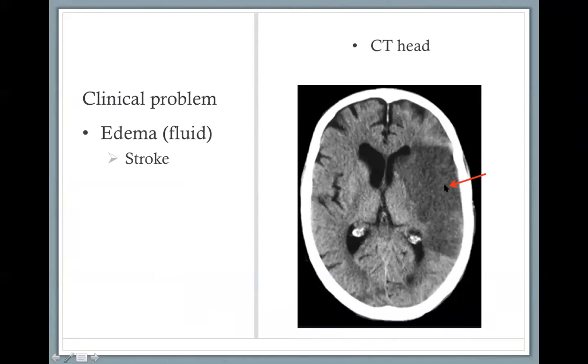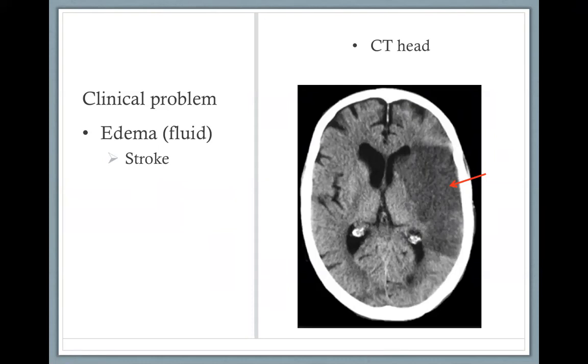Basically, it appears as an area of lower attenuation that follows the distribution of one of the cerebral vessels. So for example, this is in the distribution of the MCA, the middle cerebral artery, probably the commonest.